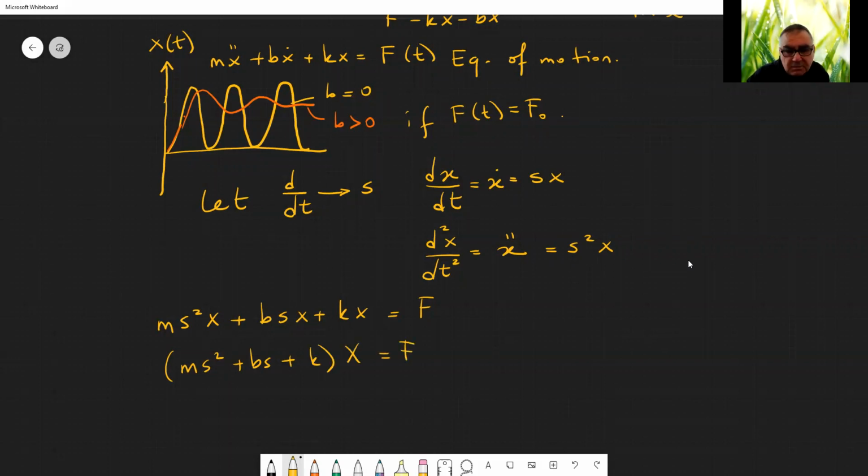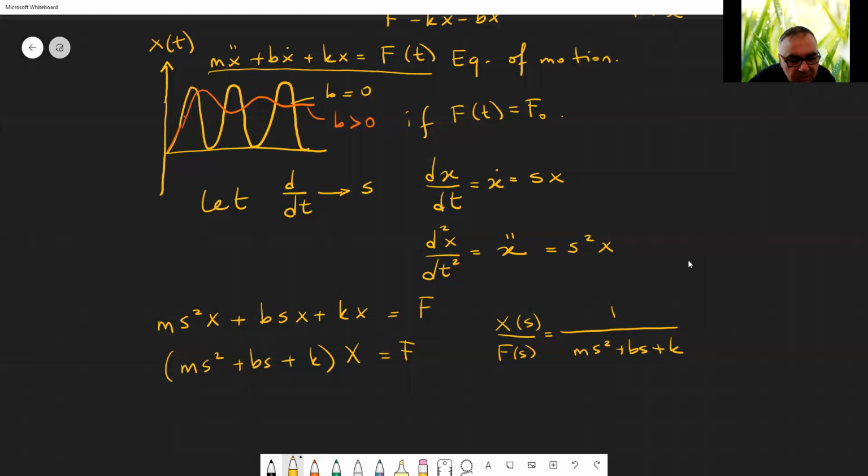And we can find the response of this system, well, rather write the equation of this system, x over f, as the following: 1 over (m s squared plus b s plus k). Now this representation is the same as the representation here.